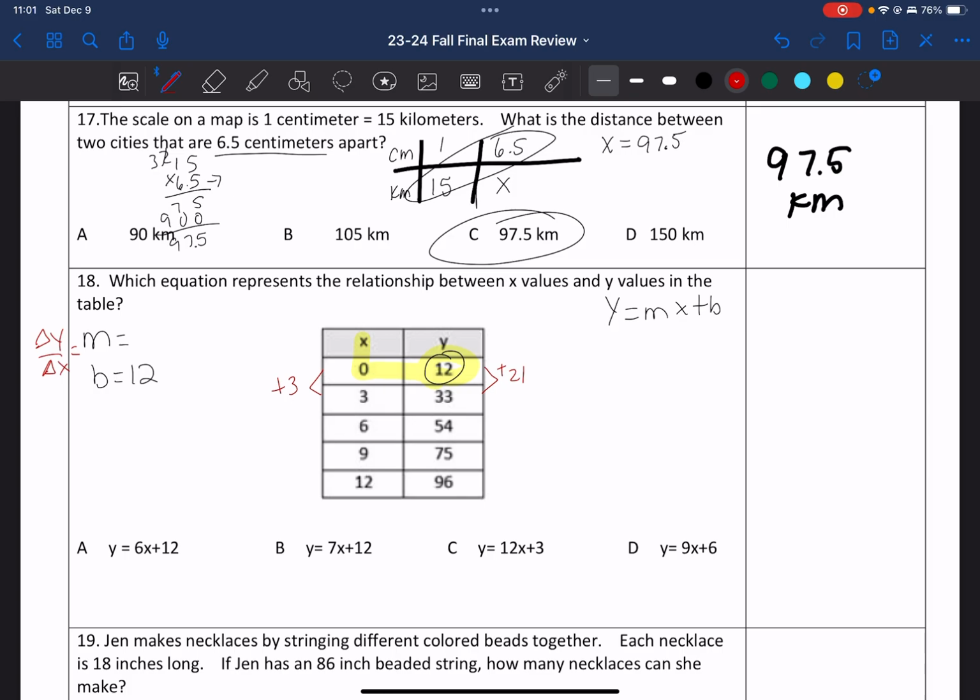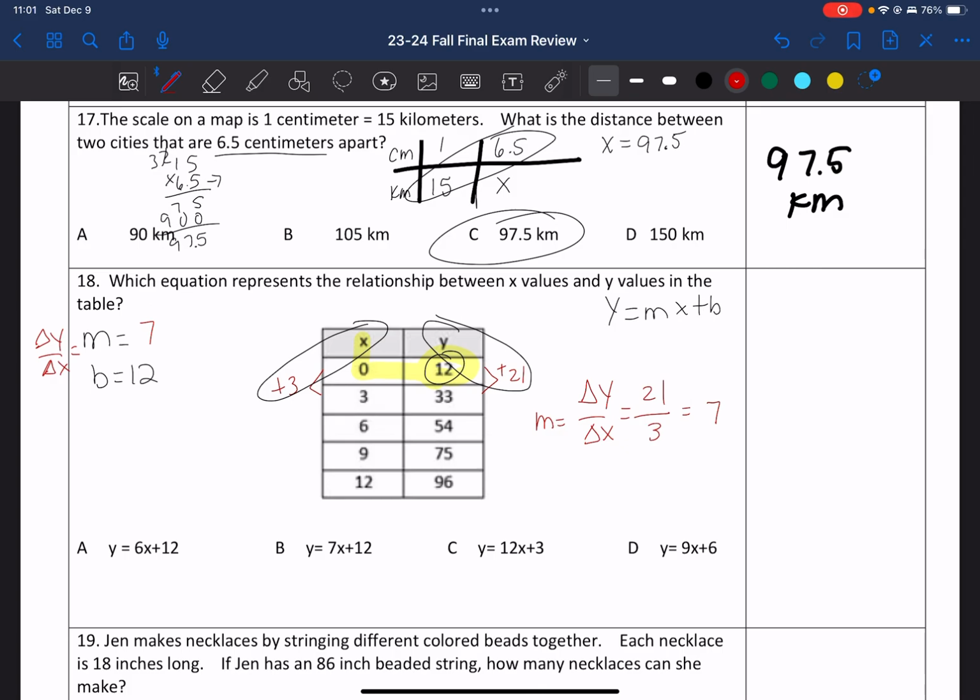Change in y is 21, change in x is positive 3. We're going to write 21 over 3, and we can actually divide that. That would be 7, so that means that 7 is our m.